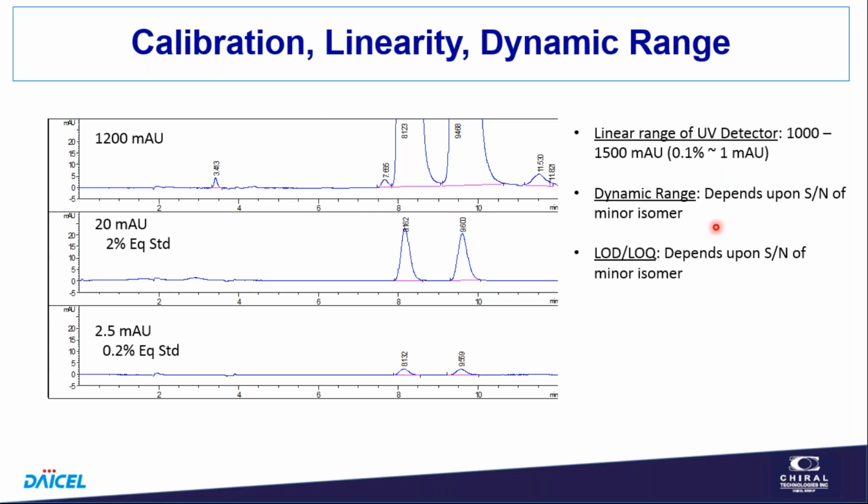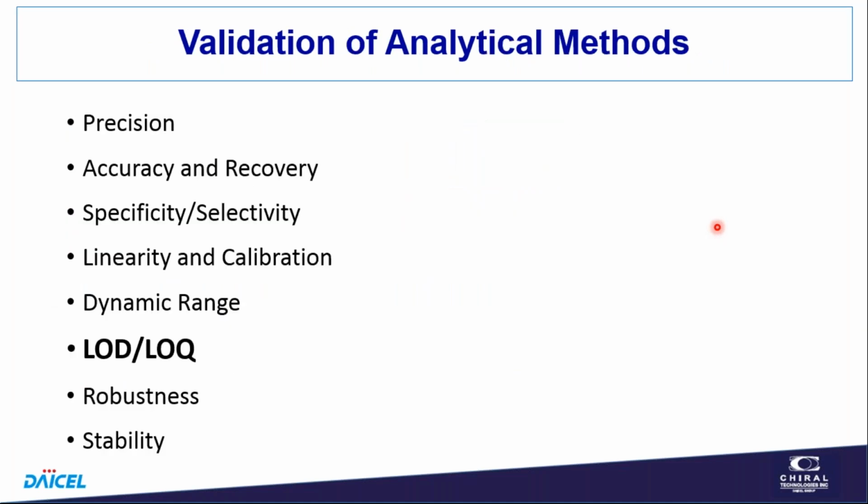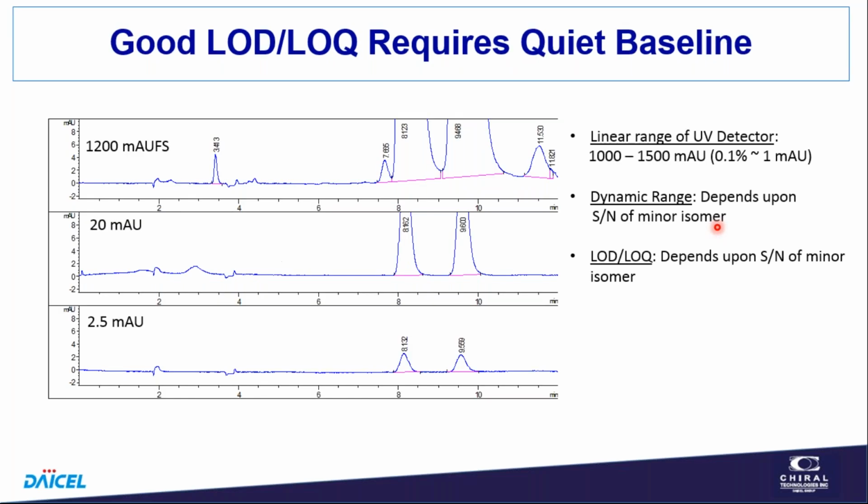And LOD and LOQ obviously depend on the signal to noise. So there are a couple of issues around signal to noise, and it does require a quiet baseline, or you can increase the signal to noise by having a quiet baseline.